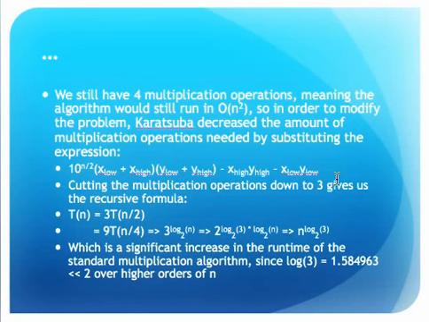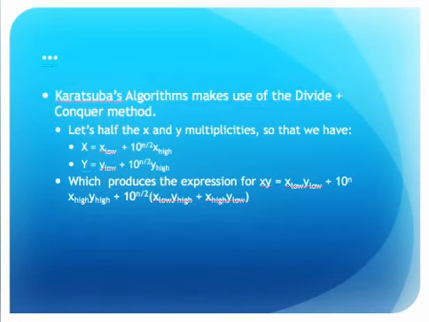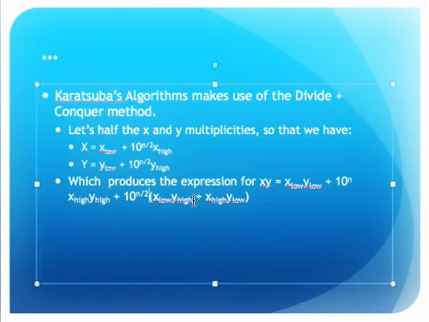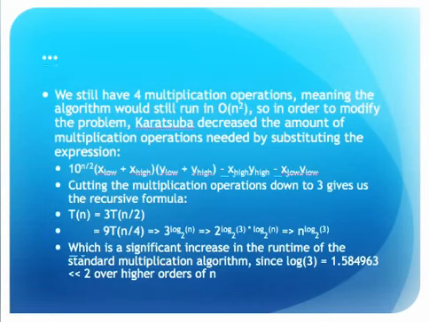But when we subtract the x high y high and x low y low that we found previously from these two operations, we end up with just this right here, right? Cool. So that's a very clever trick. I think it really shows how you can be clever with divide and conquer algorithms, and how useful they can be. And so instead of 4 operations, now we have 3.